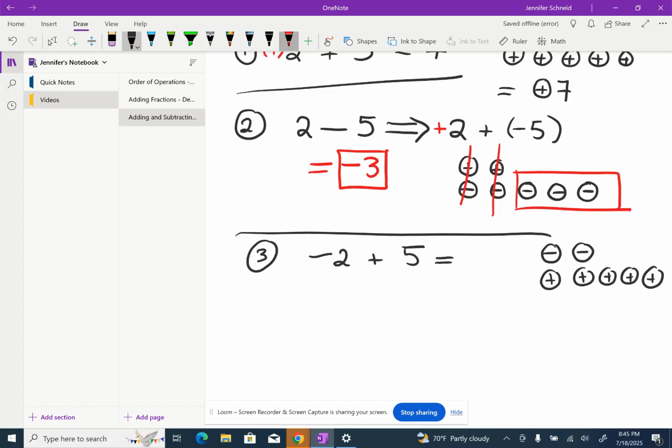And so if I cancel out pairs, I get zeros for my positive and negatives. And that leaves me then with 3 positives. So I can say that it is positive 3 or just 3. And so negative 2 plus 5 gives me a positive 3.